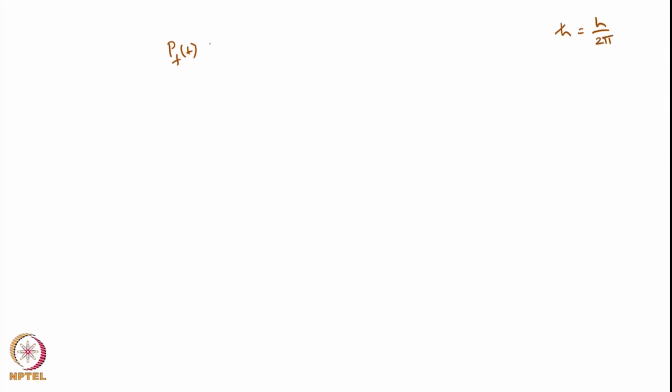So when we had pi square by h bar square, h bar square is equal to h square by 4 pi square, or 1 over h square is equal to 4 pi square by h bar square. So one can think of this as, if I take this 4, 1 over 4 h bar square is equal to pi square by h bar square. So I can always write this.